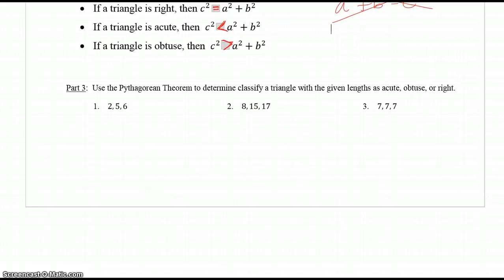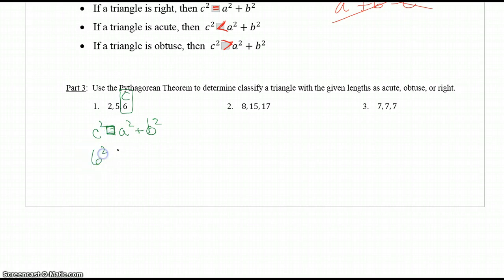Okay, so let's use those rules to classify these next three triangles. The first one, 2, 5, and 6. Now here's the key to this. The longest side has to be C. There is no other option. It doesn't matter what order they list them in. The longest side has to be C because we're going to test and see if that's the hypotenuse. So C squared equals A squared plus B squared. And we are testing this, so if you prefer to put a box there, you may.